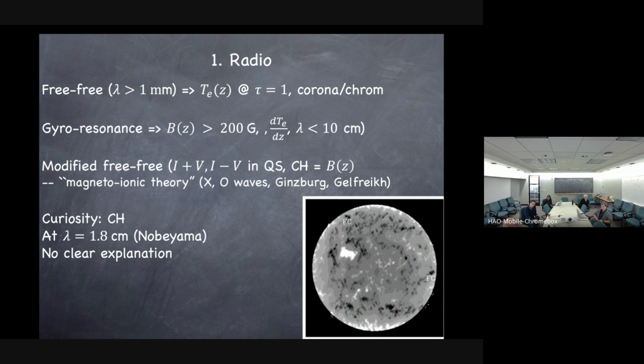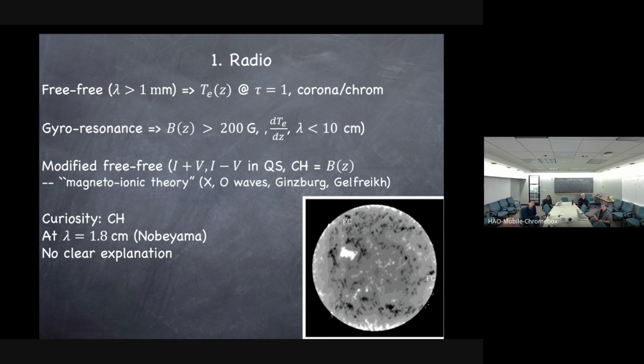And it turns out that the thing you can diagnose from this is actually the magnetic field, providing it's not blocked by the free-free emission. That's where the 200 Gauss comes from. And to get a net signal in polarized light from one minus the other, you have to have a different temperature gradient. And pretty much you have to have lambda less than 10 centimeters here, okay?